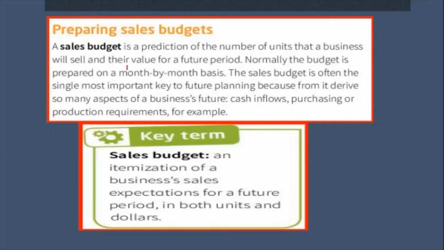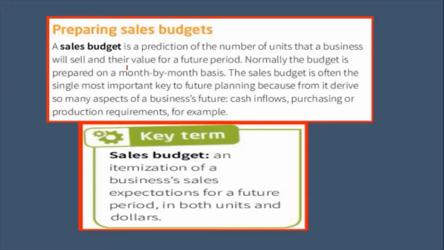The sales budget is the first budget that you have to do before you can do any other budget. They get their data for writing up the other budgets from the sales budget. It is what drives the other budgets.